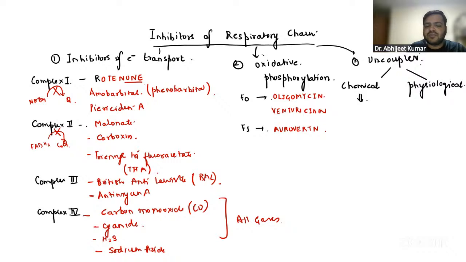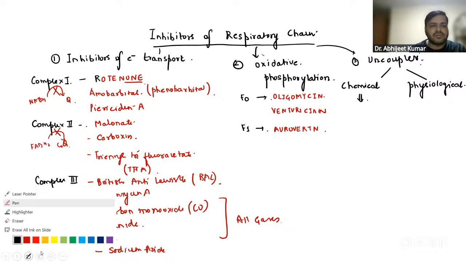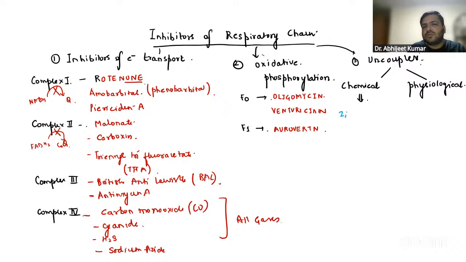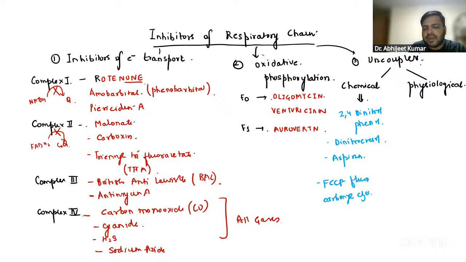Chemical uncouplers, basically, we have 2,4-dinitrophenol, dinitrocresol, and aspirin. We have FCCP, that is fluorocarbonyl cyanide phenylhydrazone.